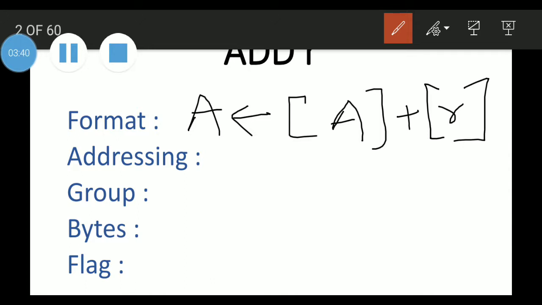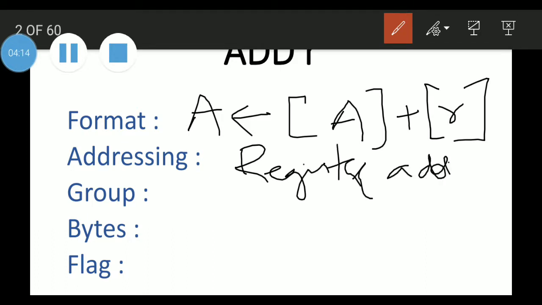If you have not studied what addressing mode is, go back to your addressing videos and see it. Students, ADD R: when registers are there, which addressing mode does it belong to? Yes, it belongs to the register addressing mode.